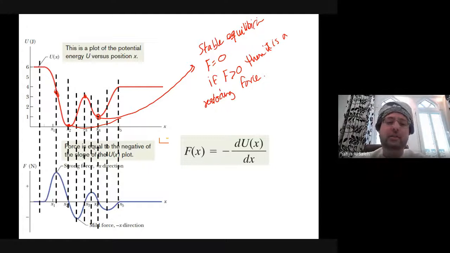Where have we heard this term before? Have we heard it somewhere before? Spring, excellent. Spring, okay? This is why springs always want to go back to their 0 point. This is a restoring force.